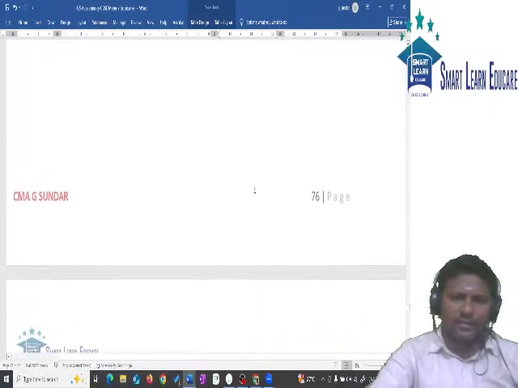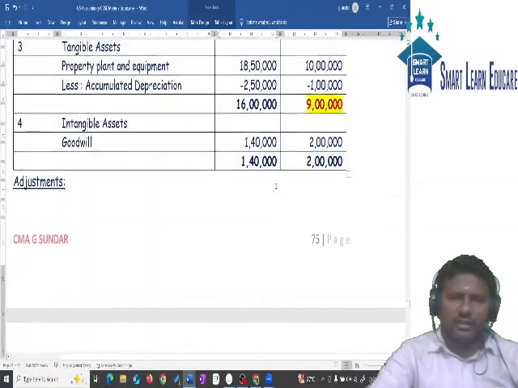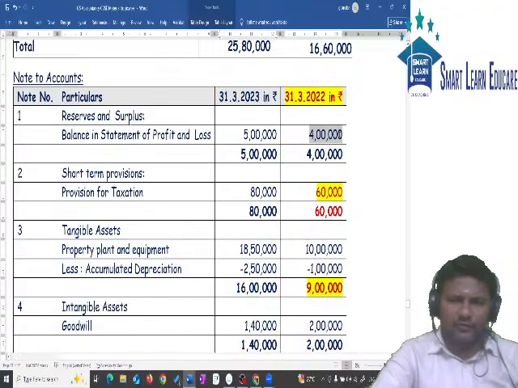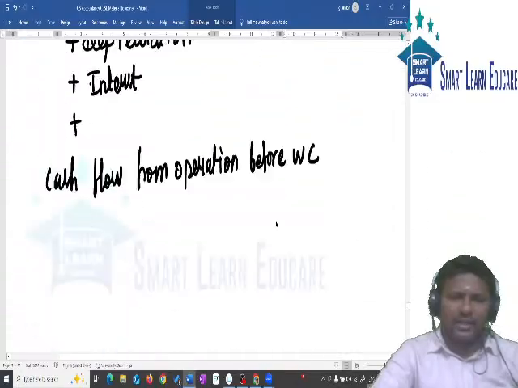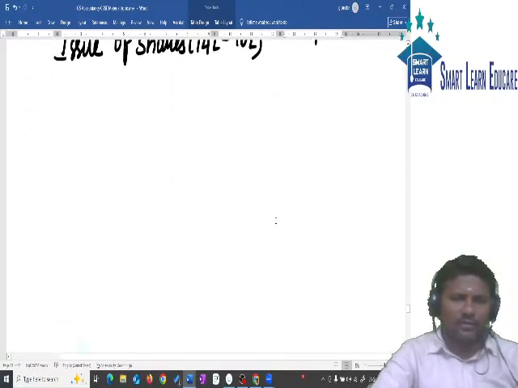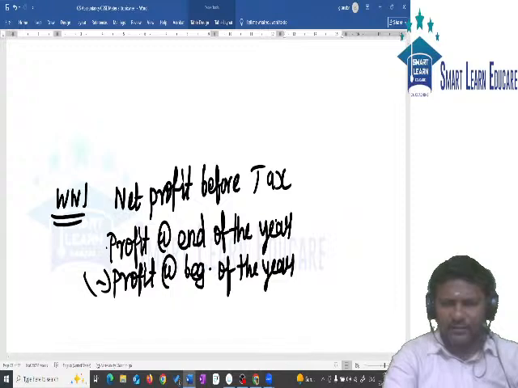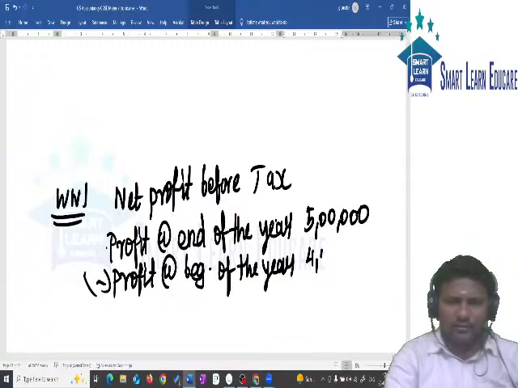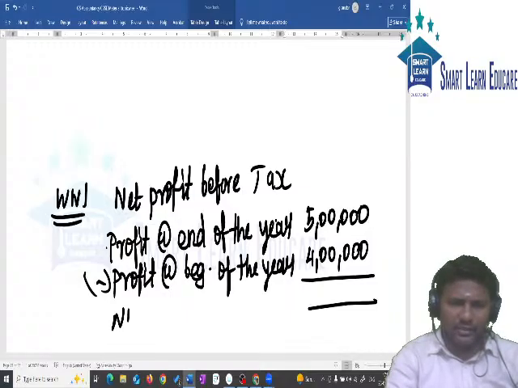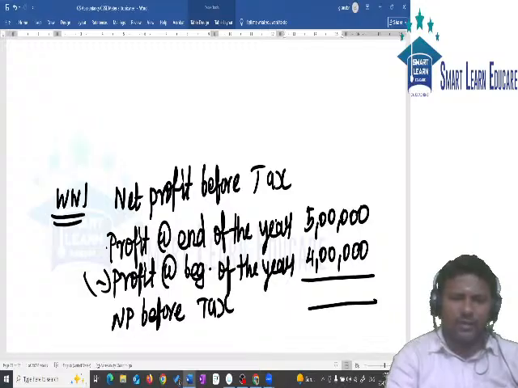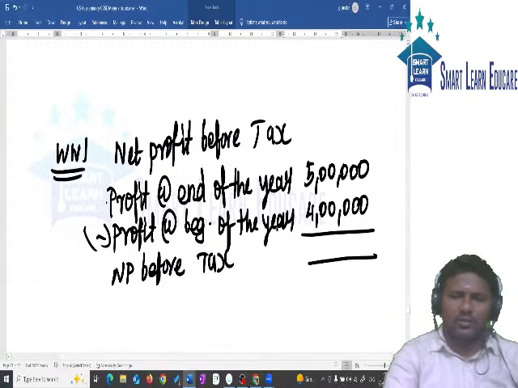Beginning is 4 lakh, ending is 5 lakh. Ending profit minus beginning profit: 5 lakh minus 4 lakh will give you 1 lakh. This is the net profit before tax.